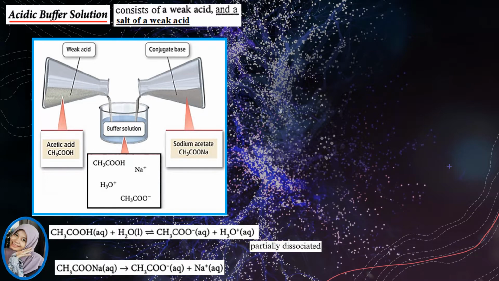On the other hand, sodium ethanoate dissociates completely in water. Thus, the mixture of the two solutions contains a large concentration of undissociated ethanoic acid and ethanoate ion. You can see that solutions that contain weak acid and its conjugate base are also called buffer.